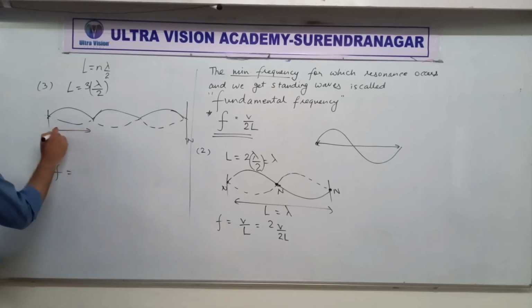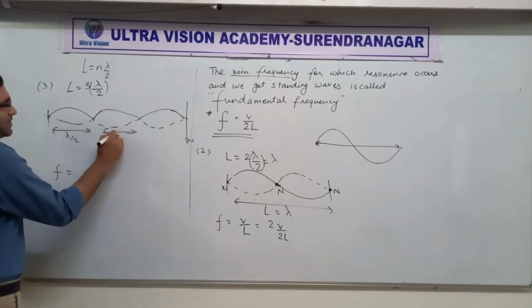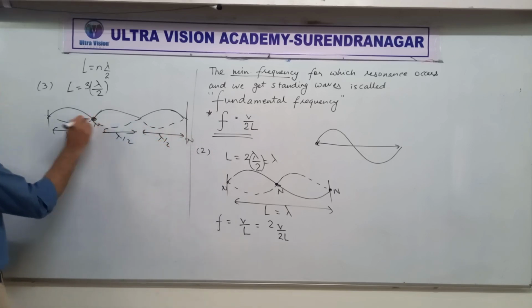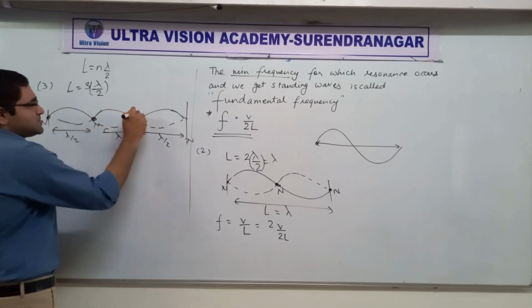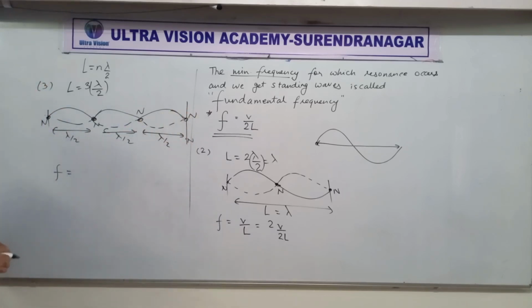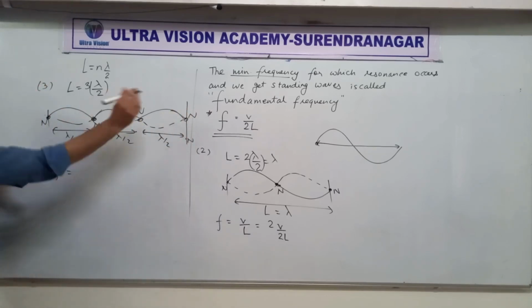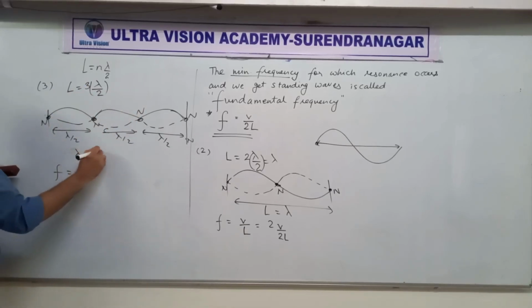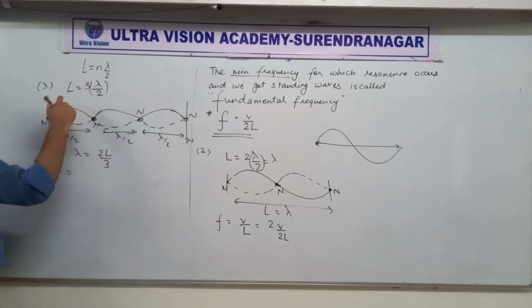So now this is lambda by 2, and lambda by 2. Again, distance between 2 consecutive nodes is always lambda by 2. I hope you remember that. So we have L is equal to 3 lambda by 2, so lambda is equal to 2L by 3, obviously.